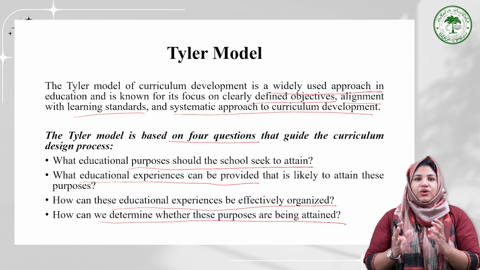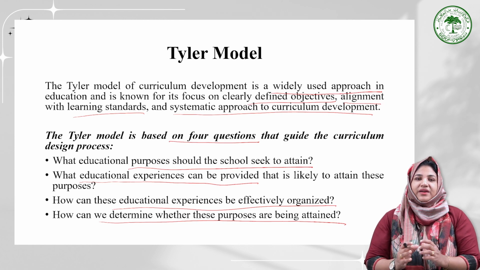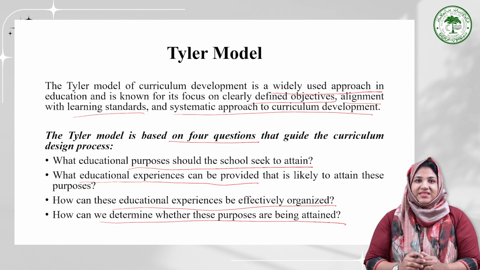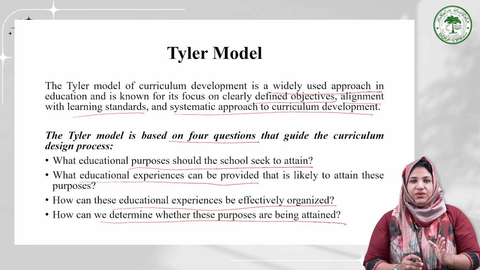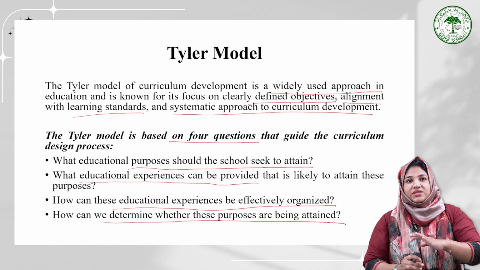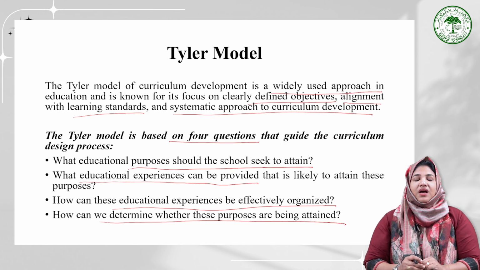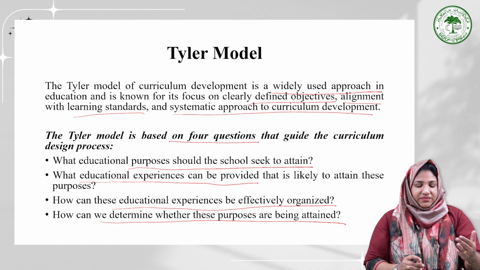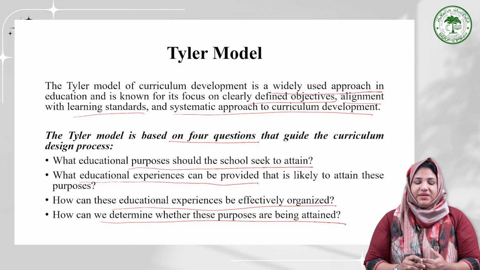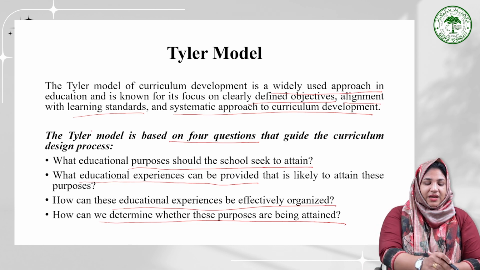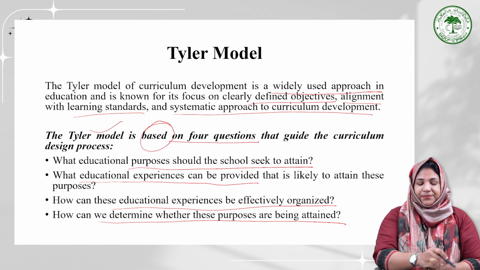How will you test? How will you check or analyze that you have set the goals, you gave the learning experiences, and these goals are being achieved or not? How will you evaluate? These are the 4 major questions on which the Taylor model is based.